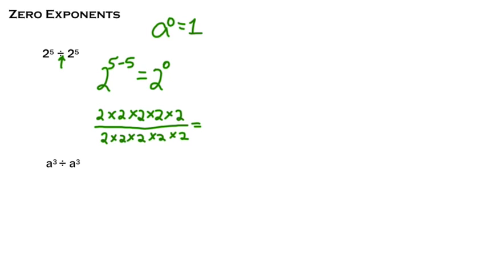What we see when we start to cancel out values, these cancel, these cancel, these cancel, these cancel, these cancel, and we're left with a value of 1. Because really anything divided by itself is 1, so what you'll see, hopefully, is that 2 to the 0 equals 1. Now this also holds true with variables, so it doesn't necessarily have to be just numerical values.